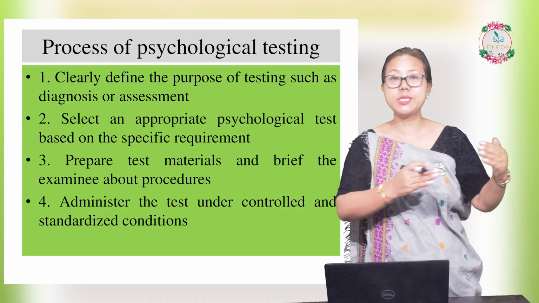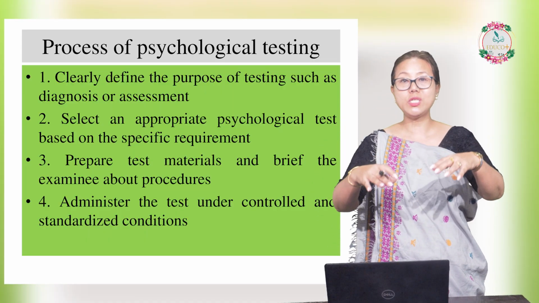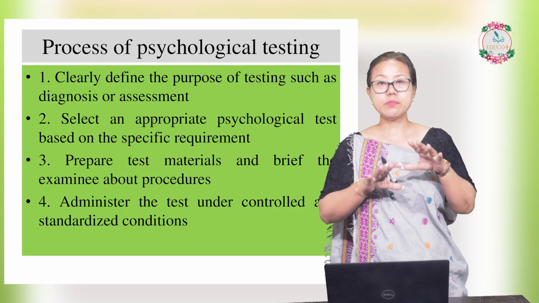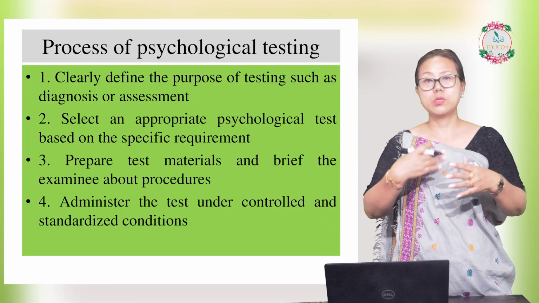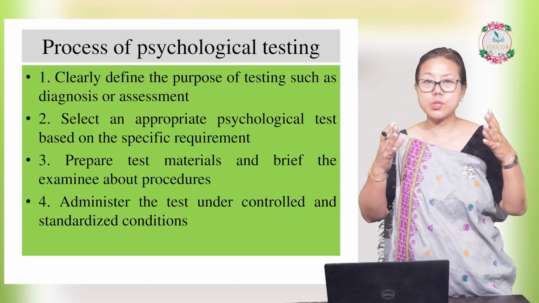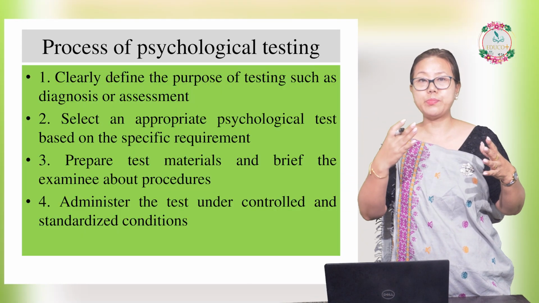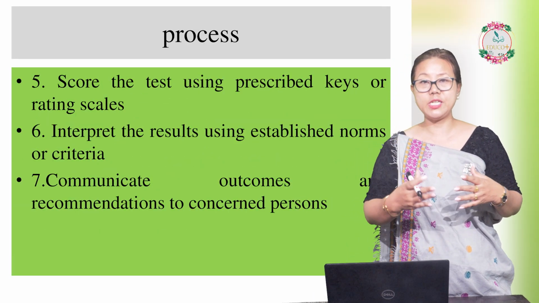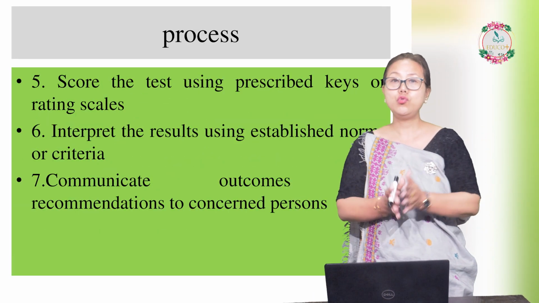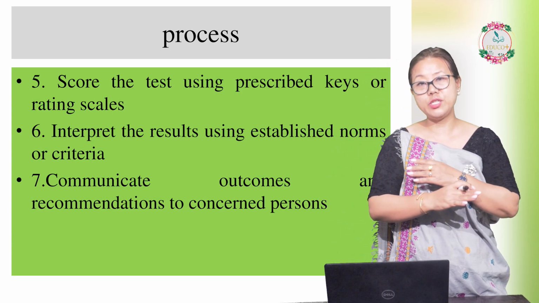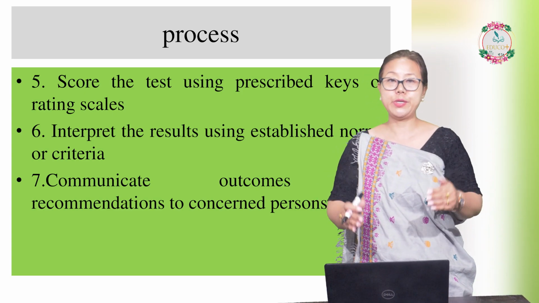Then administer the test under controlled and standardized conditions. Then comes scoring the test results. Scores can be tested under the prescribed keys or testing strategies. Then interpret the results using established norms or criteria. Then communicate outcomes and recommendations to the concerned persons.